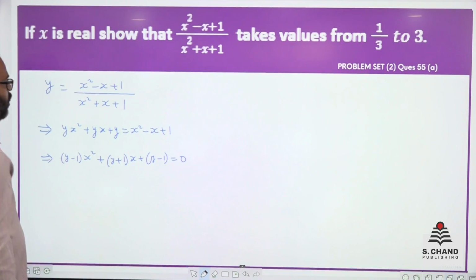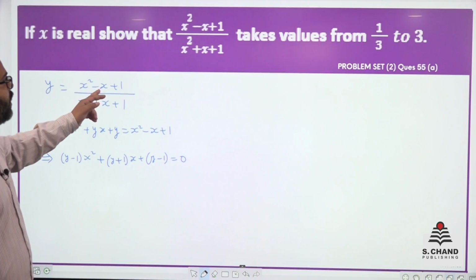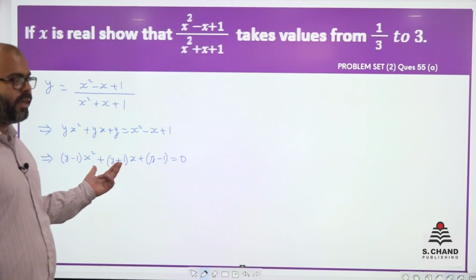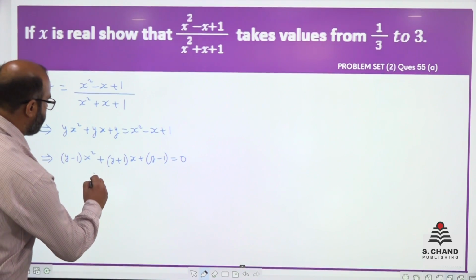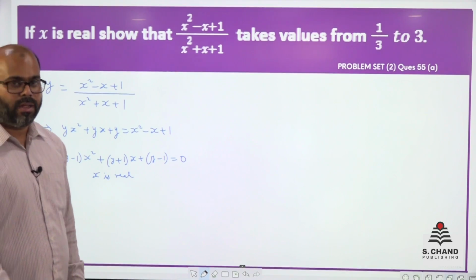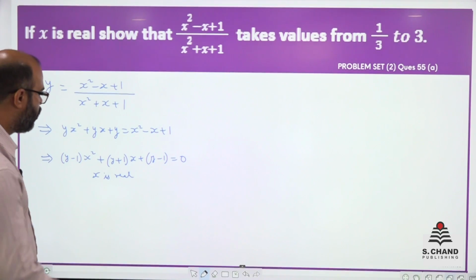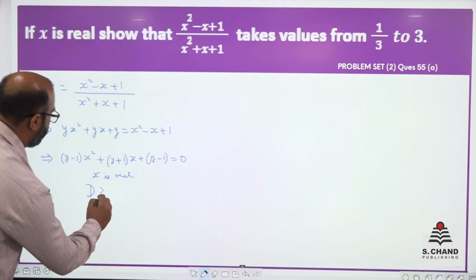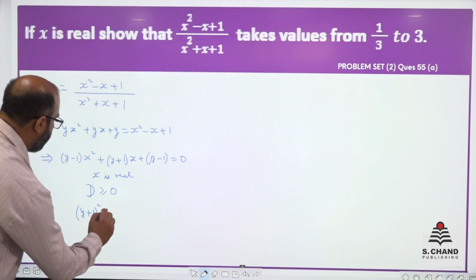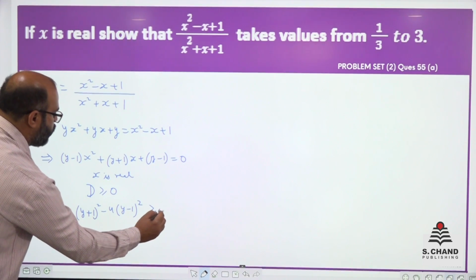Now try to understand, it says if x is real, that is the input is real, then what is the range of y? So if you have made it a quadratic in x, it is still x is real. Now in this quadratic, if x is real, then the discriminant should be greater than equal to 0. And what is the discriminant? (y plus 1) whole square minus 4 (y minus 1) into (y minus 1), that is whole square.